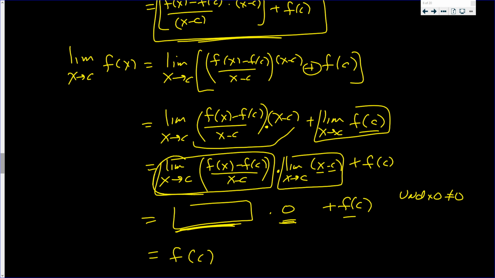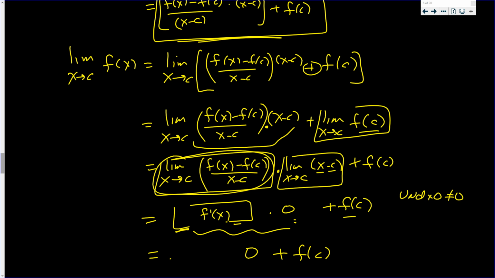This limit is very well defined. It is defined as f prime of c. Now we can say f prime of c times 0 is 0. This really is 0. Plus f of c is equal to f of c.